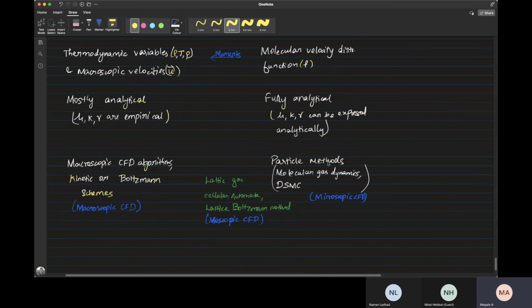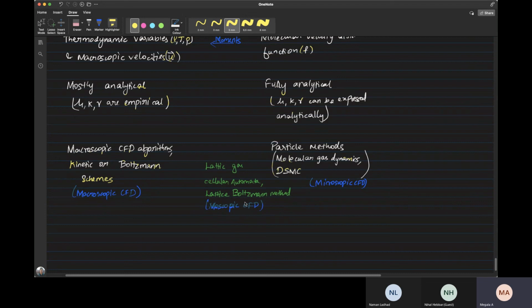On the other hand, among microscopic schemes, we have particle methods, which involve evolution of particles themselves: molecular gas dynamics and direct simulation Monte Carlo methods. Those involve tracking each particle separately. In the middle, we have mesoscopic CFD: lattice gas cellular automata, and the lattice Boltzmann method, which is based on lattice gas cellular automata. The lattice Boltzmann method uses mesoscopic descriptions. It evolves F, the molecular distribution function, to find the macroscopic variables.